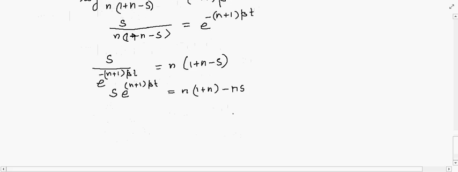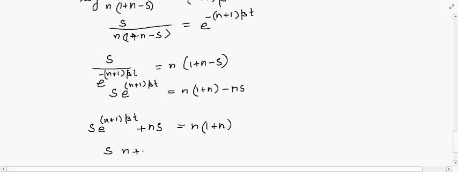Take the s term to the left hand side. So s into e power n plus 1 beta t plus n s equal to n into 1 plus n, or taking s outside, n plus e power n plus 1 beta t is equal to n into 1 plus n, or n plus 1.